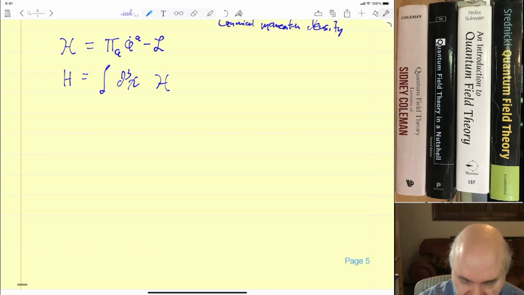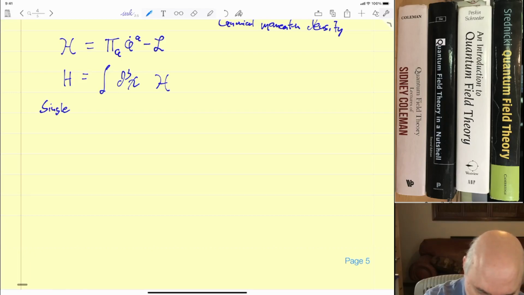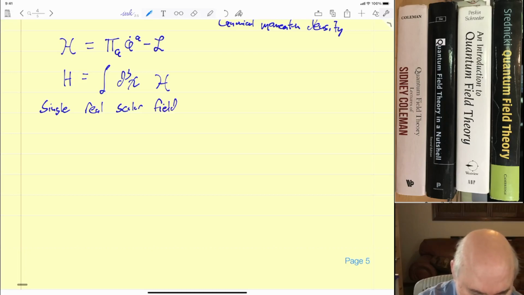Now, let me just do one simple case to illustrate this classical field theory. So a single real scalar field will define a Lagrangian as 1/2.